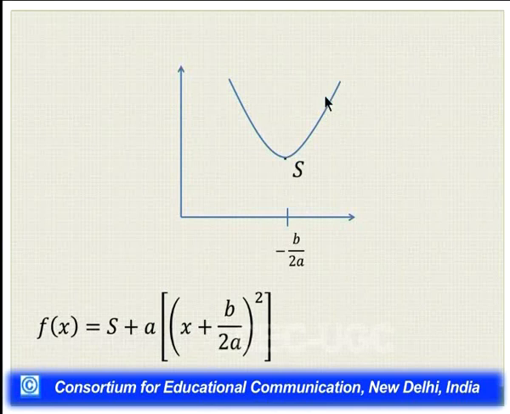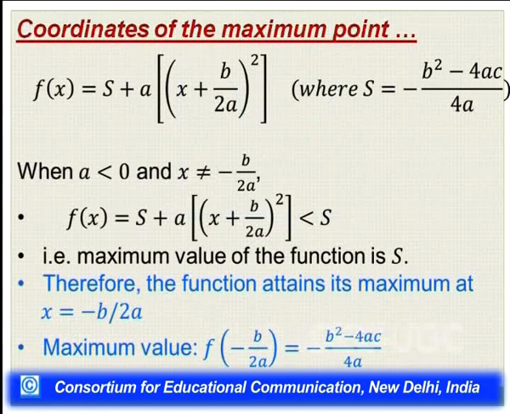So in that sense, my s is the minimum value. Minus of b square minus 4ac divided by 4a is the minimum value of the function. I hope that's clear to you. That's a very important result, so please take note of it.